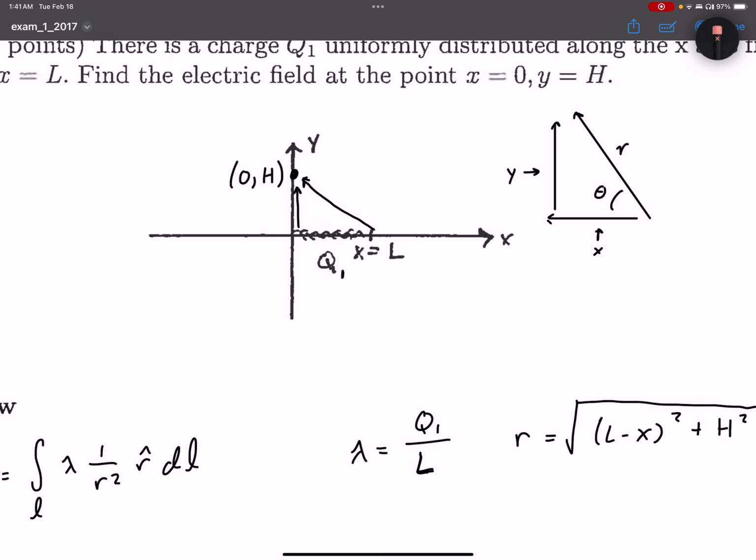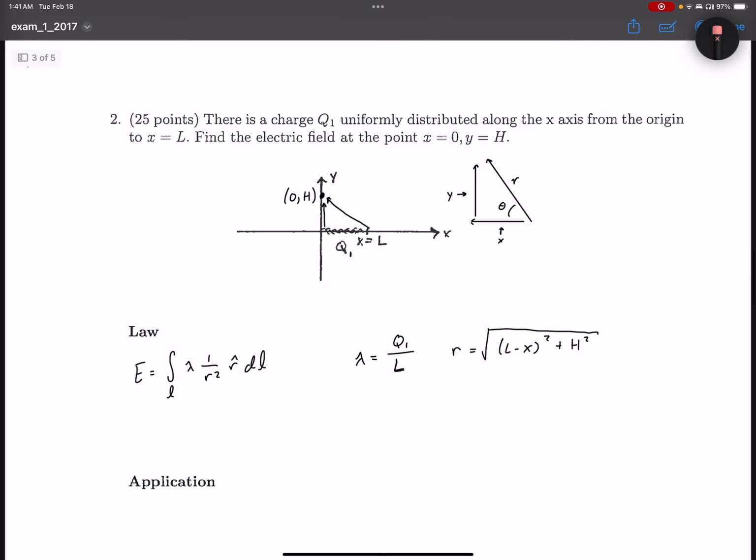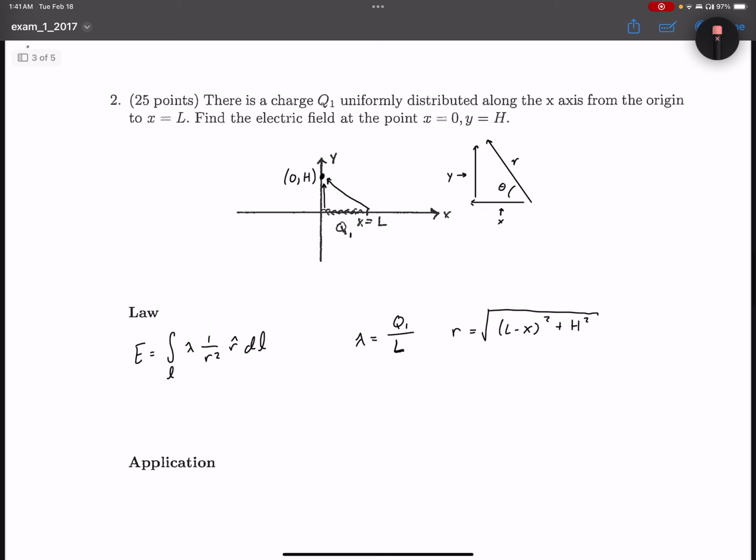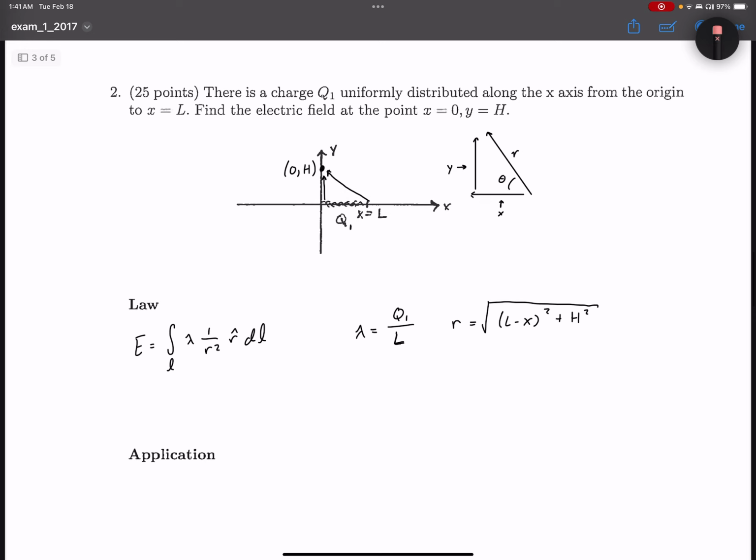Okay, so cool. Let's move on. So that's what R is. R hat is going to be equal to L minus x over R, i hat x, plus, oh, this will be negative, by the way.